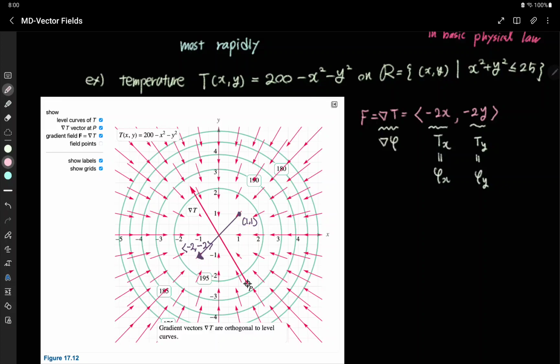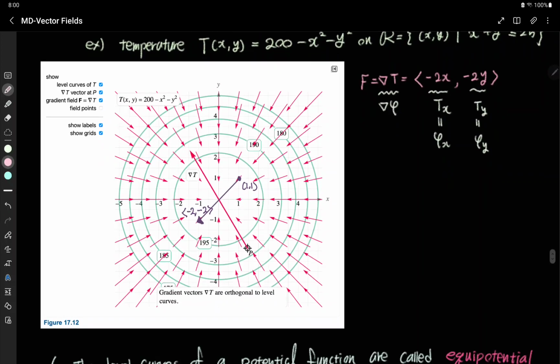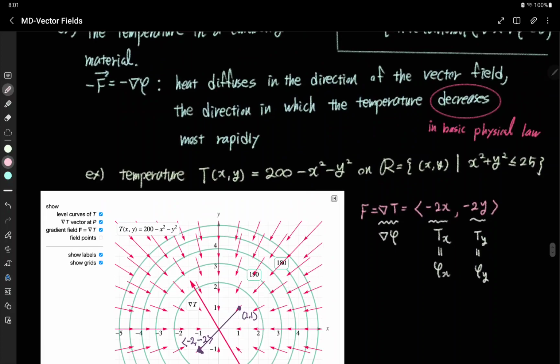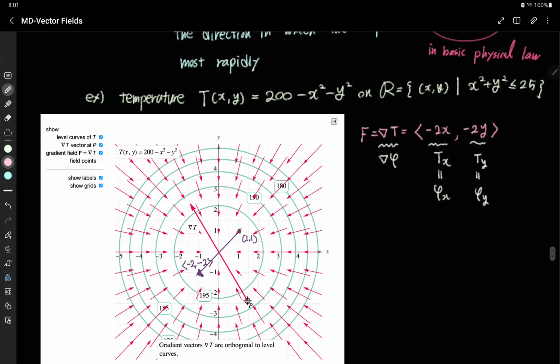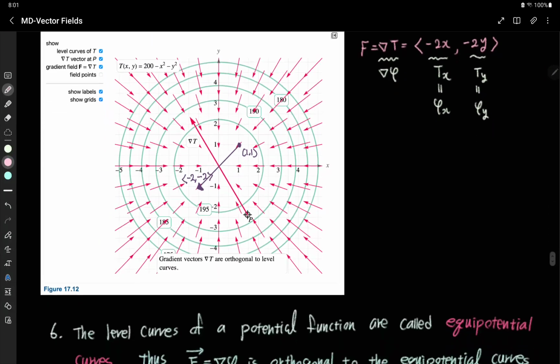As you can see, every single vector flows toward the 0 right here, and is orthogonal to the level curve. And there's a negative sign right there, which means the heat flows out further to the outer part of the domain.